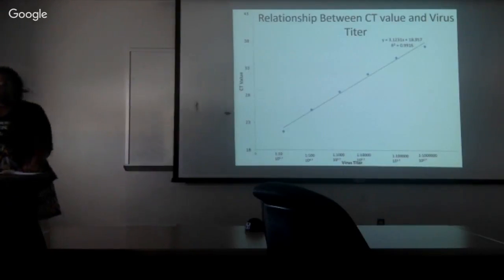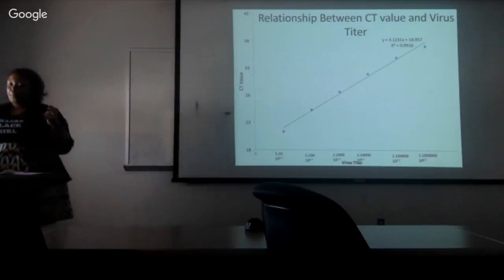And so before we get into the quantitative RT-PCR results, we did a linear regression to show the relationship between CT value and virus titer. And so there's an inverse relationship. The higher the virus titer, the lower the CT value.